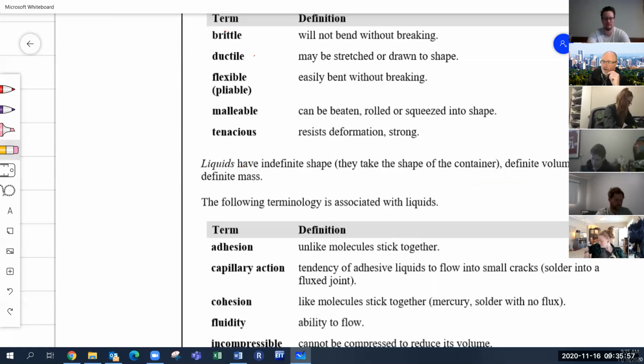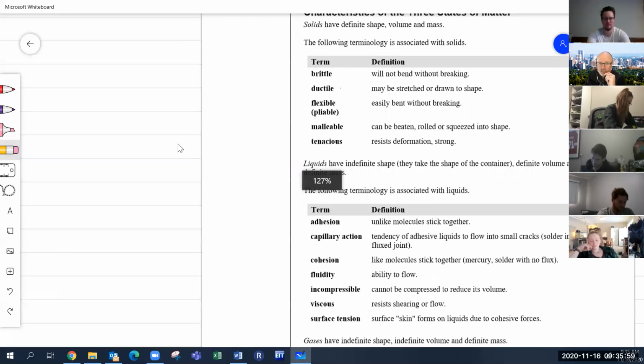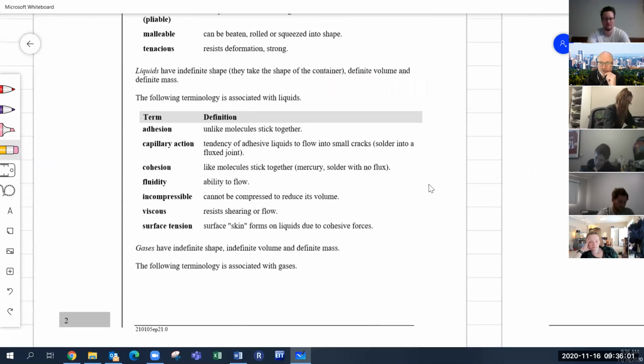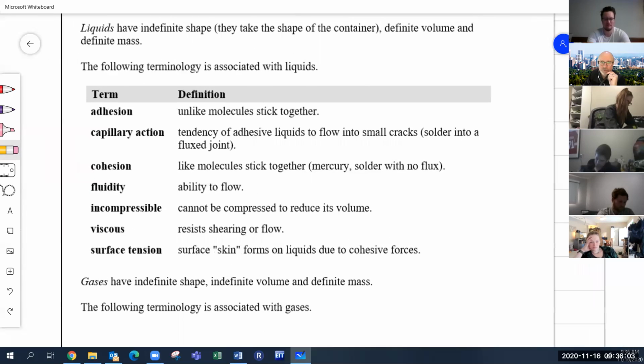And now there is some terminology that we have to talk about when we're dealing with liquids. One is adhesion. It says here in this book, unlike molecules stick together.